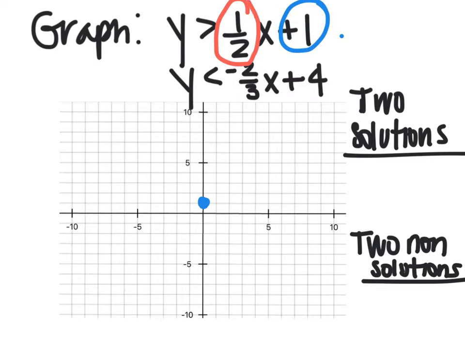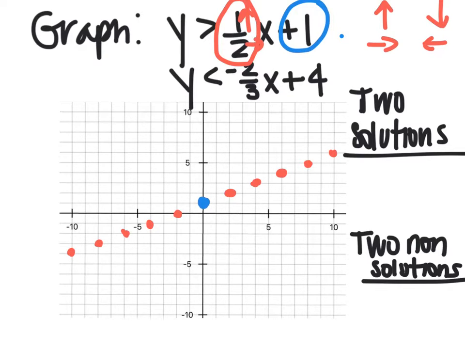It's a +1/2, so directionally I'm going to go up and right because they're both positive, so I'm going to go up 1 and right 2. From my point that I already had, up 1 and right 2, and continue going up 1 and right 2. Or I can do the opposite of going up and right, which is to go down and left, so I can go back to my beginning and go down 1 and left 2. I can continue that pattern, and I'm going to connect my dots.